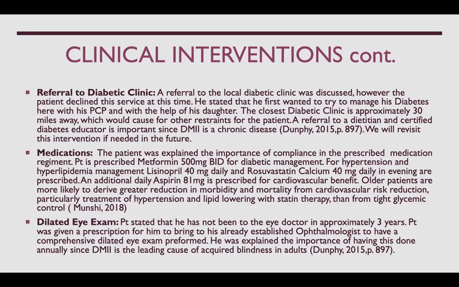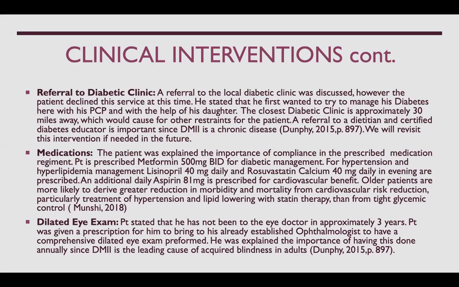So we told him that, as long as he will help control and manage his diabetes the right way, then we won't push the need for him to go to the specific diabetic clinic.